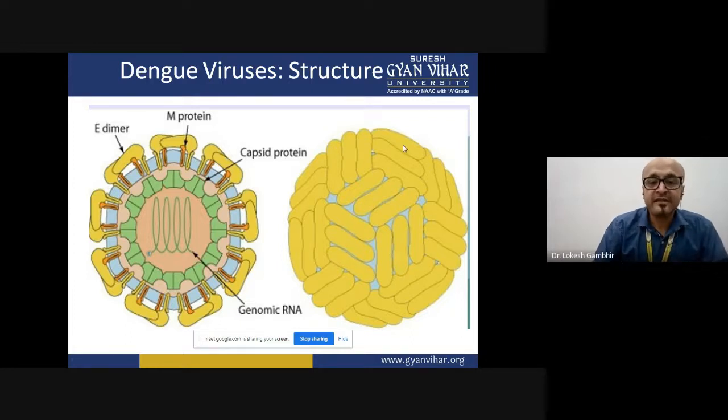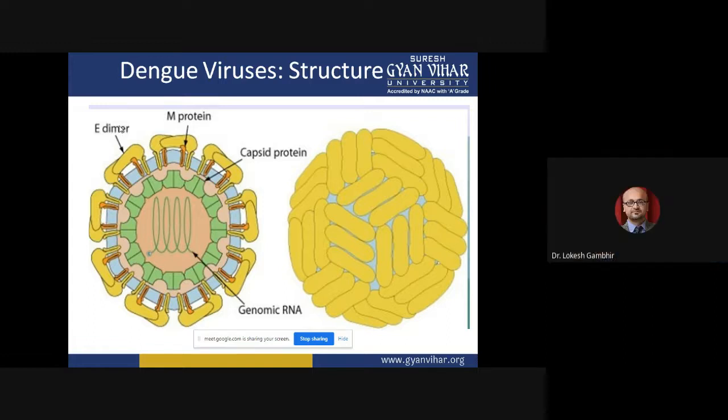See, on the surface, the yellow color that you are seeing is actually the E protein. Structurally, there are only three proteins that I am calling structural proteins. The remaining proteins that are coded by the genome are non-structural proteins.